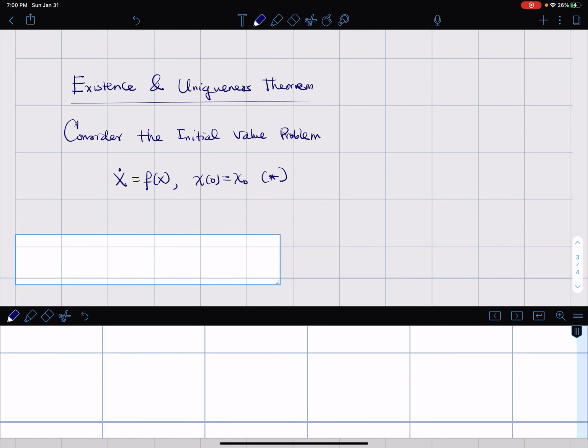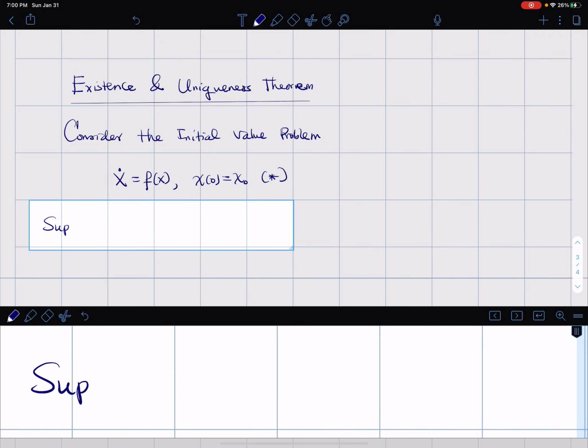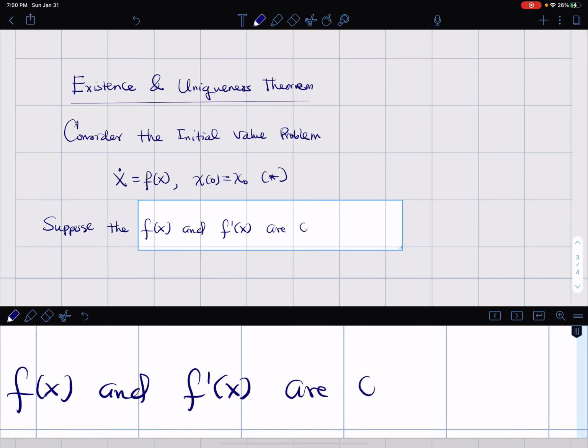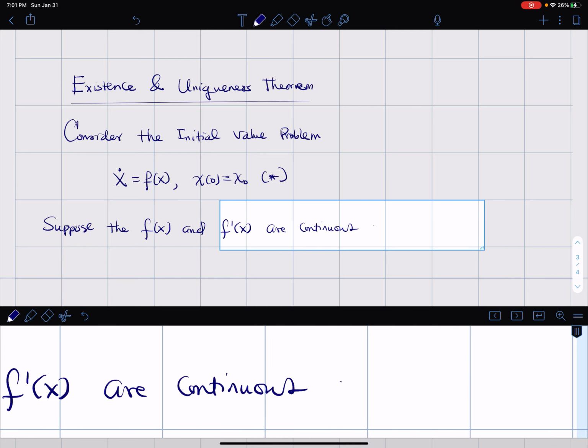All right. Now suppose that f of x and f prime of x are continuous. Suppose that they're continuous on R.